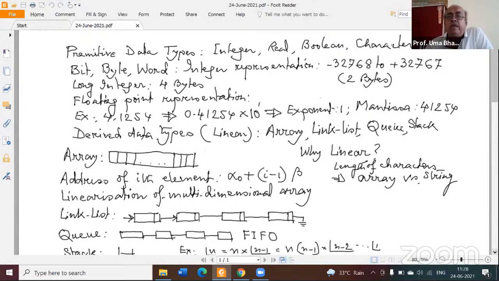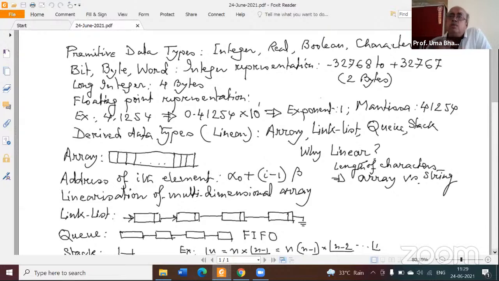And then we have queue. Again, queue is very simple. Think of a queue, it is very common. You stand in a queue everywhere. There also you have a sequence of elements stored as a queue. So if it is stored as a queue, it is characterized by the property of FIFO, first in, first out.